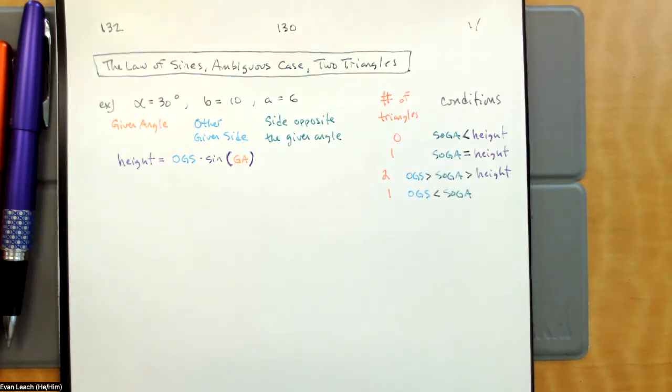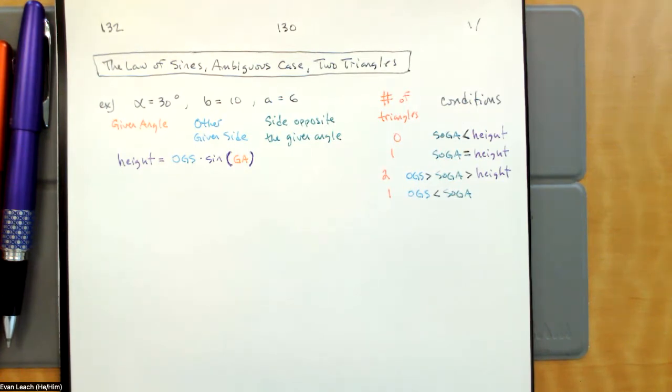The important thing to note is that we can determine the number of triangles by computing the height and comparing the side opposite the given angle to the height or the other given side, and determine what case we're in. But we don't have to know this going in, as long as we recognize there's a possibility of having two triangles.